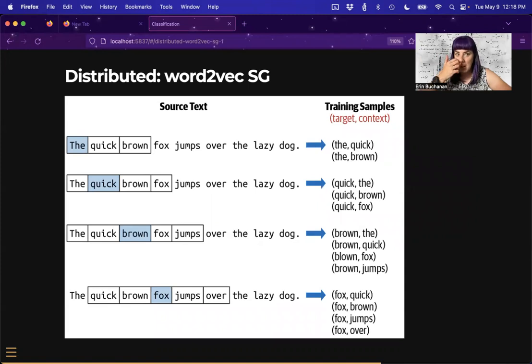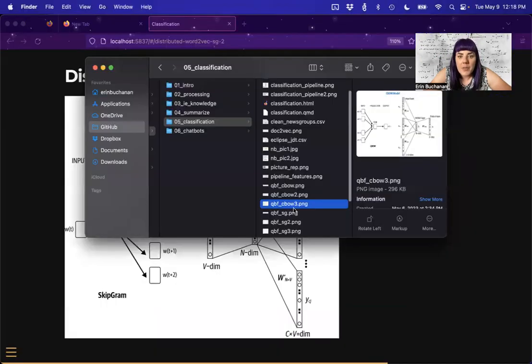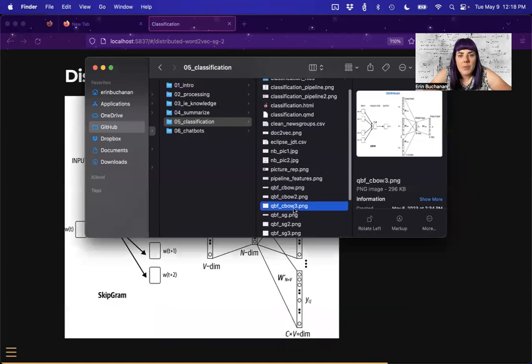So let's look here. In comparison, the quick brown, you get the target word, the, and then the context quick, the, and brown. So notice here you're gonna have a lot more examples, but the context windows are smaller. Now let me make this one a little bit bigger too. Skipgram.